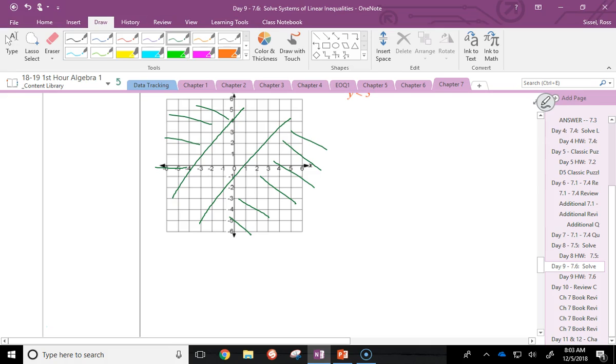The same thing goes if it's the same line. If it's the same line, it depends. If it shares the exact same line and we're shading the same direction, you'd have infinitely many. If we had this line and my other line was the exact same one, and we shaded both in the same direction, you'd have infinitely many. It'd be whatever was shaded.